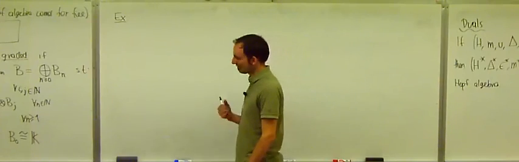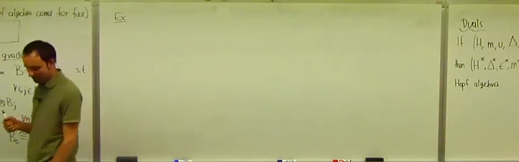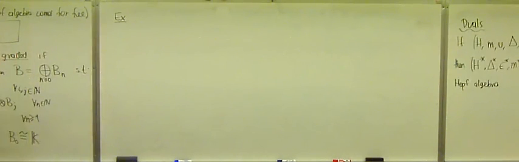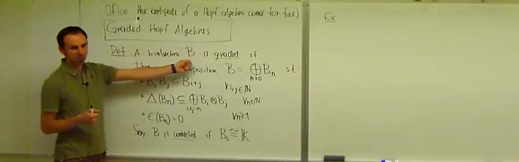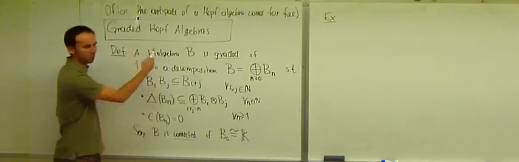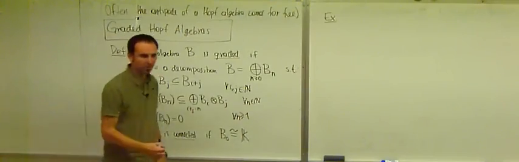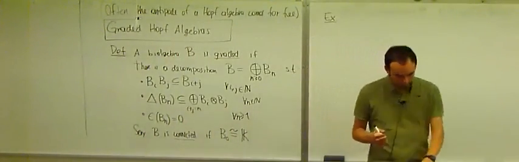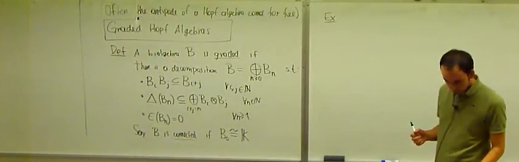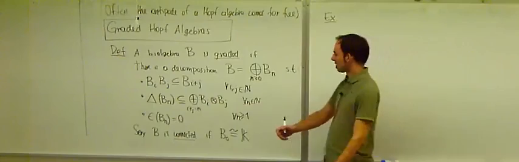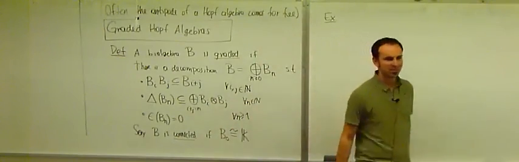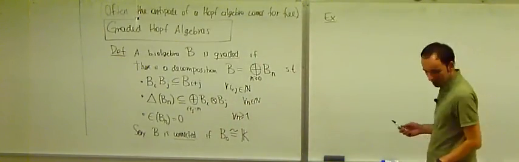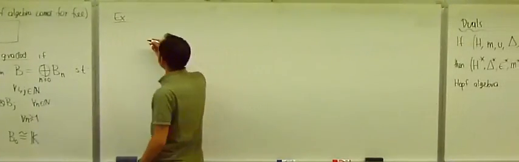I'm going to show some examples, but my next theorem is that any graded connected bialgebra is a Hopf algebra. It has an antipode. And therefore, I don't really need to insert any more adjectives. The antipode comes for free.